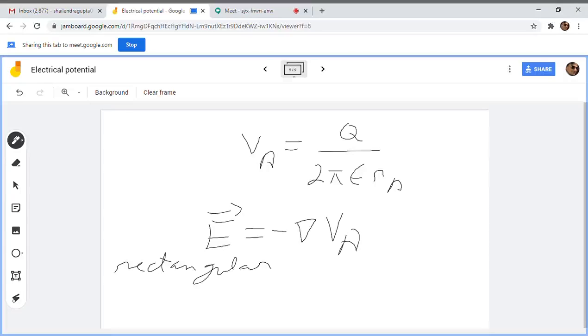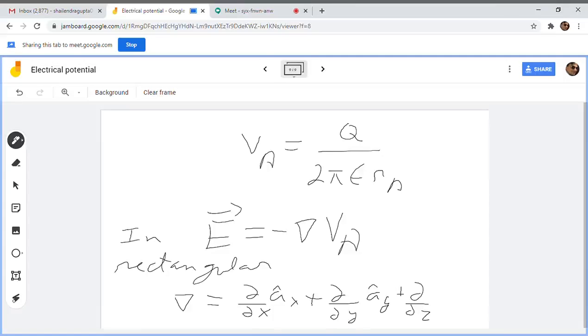In the rectangular coordinate system, del is given as del by del x ax, that means the amount of change in the x direction, plus del by del y in ay direction, plus del by del z in az direction.